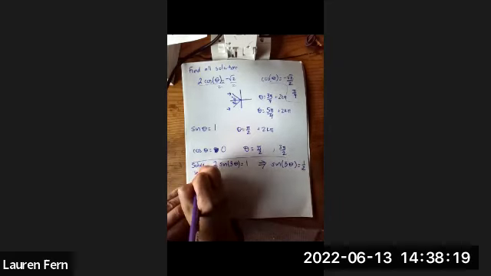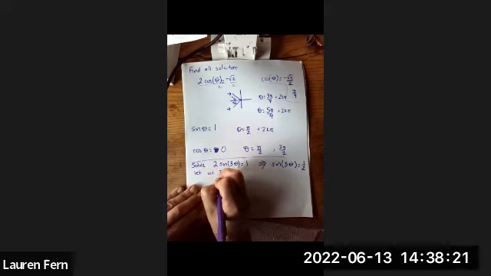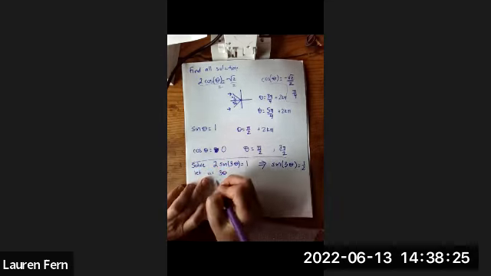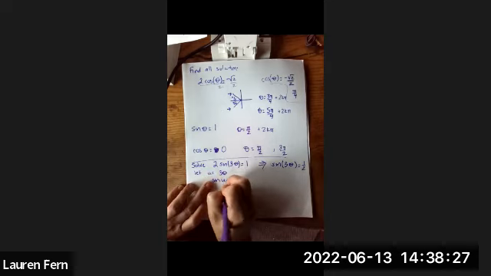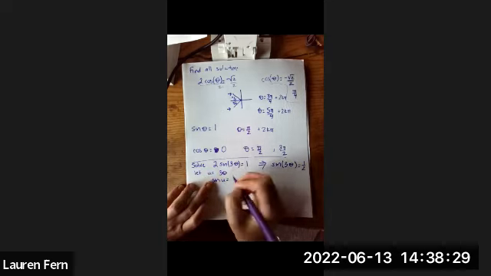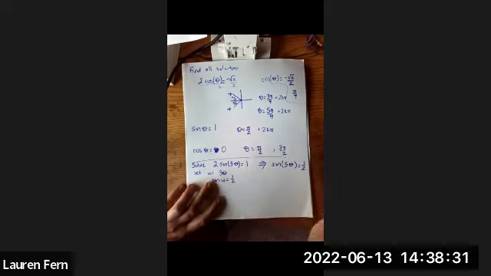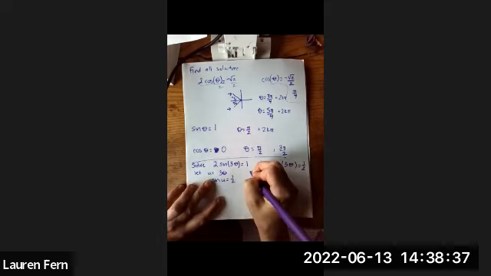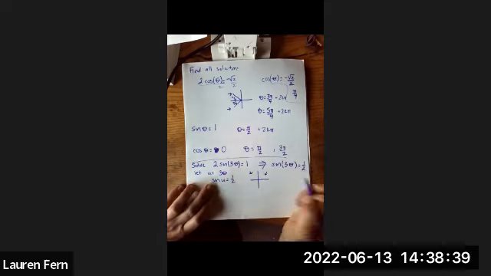So what I'm going to do is let u be equal to 3 theta. I claim then I'm wanting to solve the sine of u equals 1/2. We can totally do that, okay? Our sine is positive in our first and second quadrant.